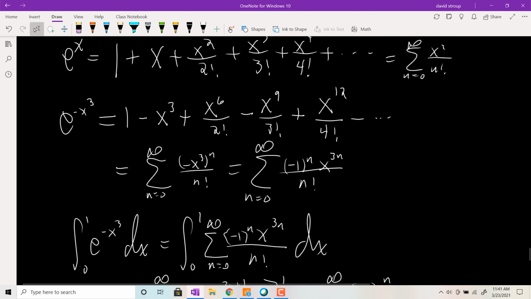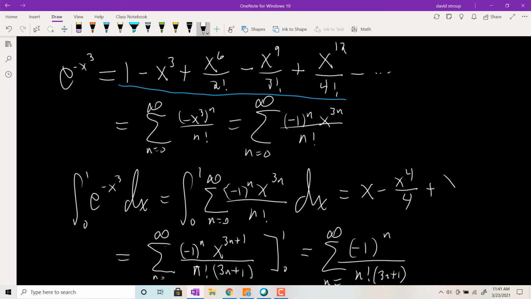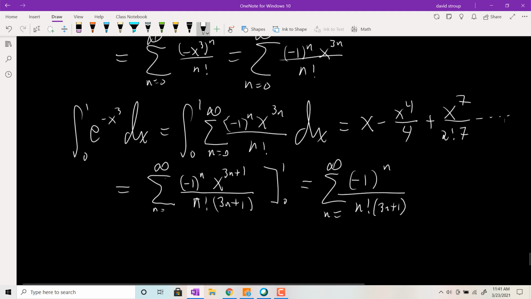Let's make sure we get the lower limit correct. Okay, so if we were to integrate each of these term by term, working with this expression, the first term would be x, the next one would be x to the 4th over 4, and then plus x to the 7th all over 2 factorial times 7, minus etc. Right?